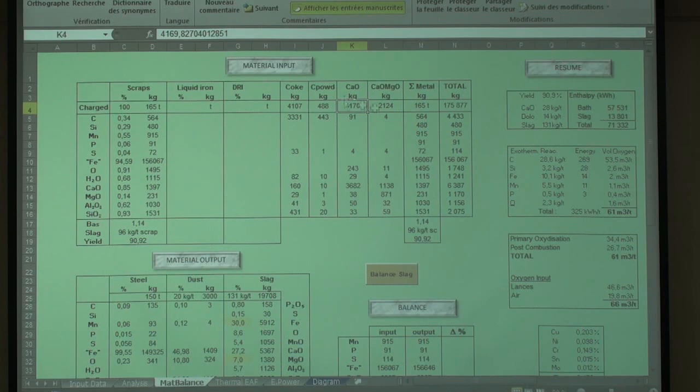CaO, you see this is a big number, and the dollar line is also a big number because it is calculated by a macro.